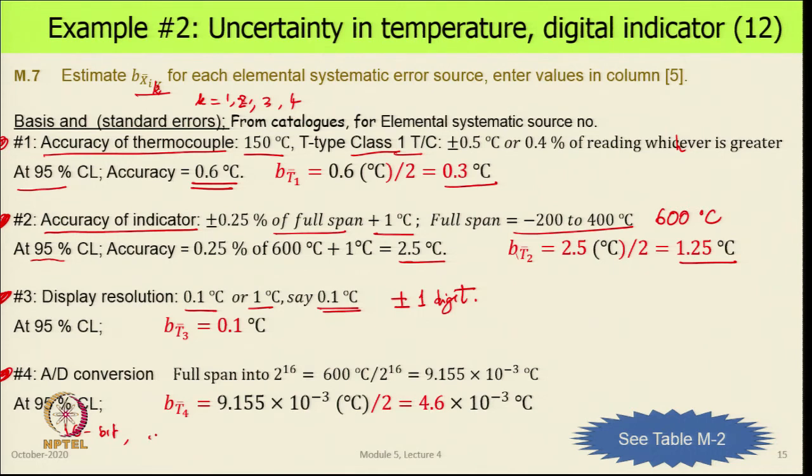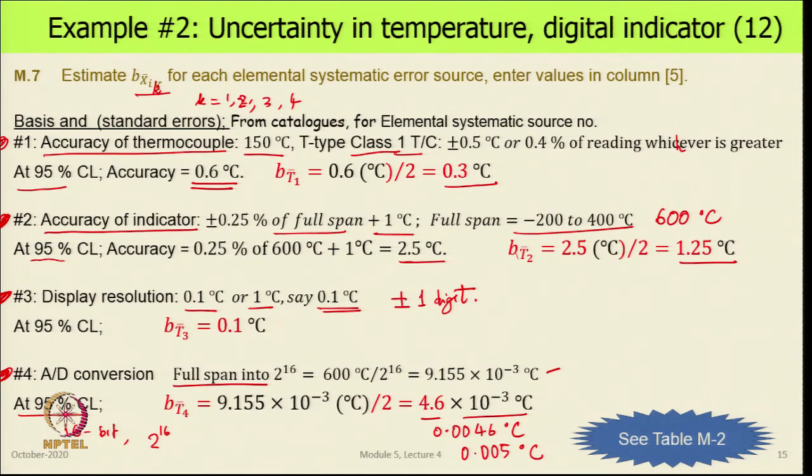That means the input got divided into 2 to the power 16 parts, and that was used to convert the full span into equally spaced bits, and that becomes 9.155 into 10 to the power minus 3 degrees Celsius. So, at 95% confidence level, this becomes this by 2, which is 4.6 into 10 to the power minus 3 degrees Celsius, or 0.0046 degrees Celsius, or we could even have been quite okay with writing 0.005 degrees Celsius.